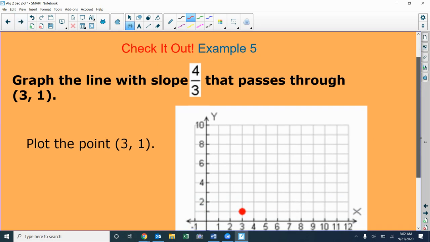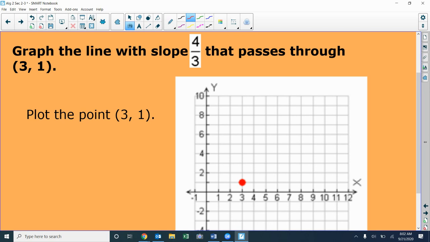Maybe sketch a little graph out on your paper. 3, 1 is our first point right here. It's a positive slope. And if you want, you can graph it on the same line. It's your notes, do what you need there. Or don't do it at all, I guess.